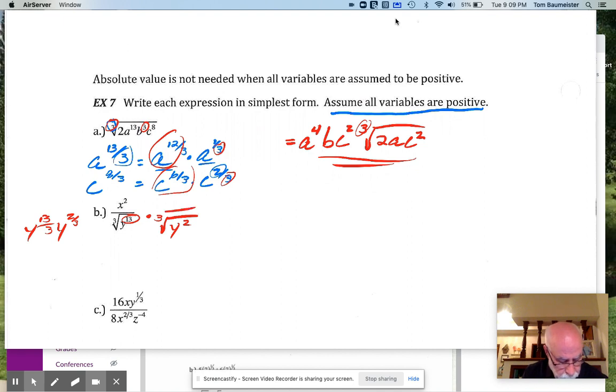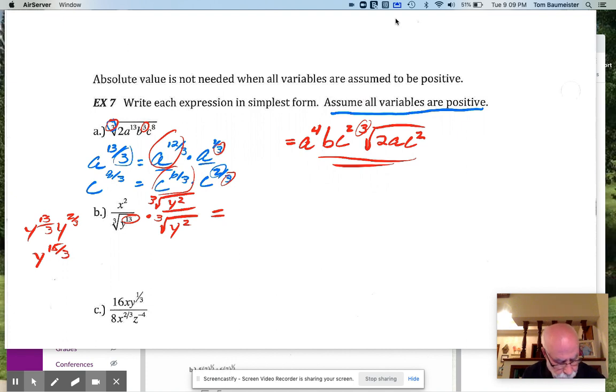And then remember, whatever I put on the bottom, I have to put on the top. Remember, now I can put those together. That's going to be y to the 15 thirds. And what is y to the 15 thirds? That's y to the 5th.